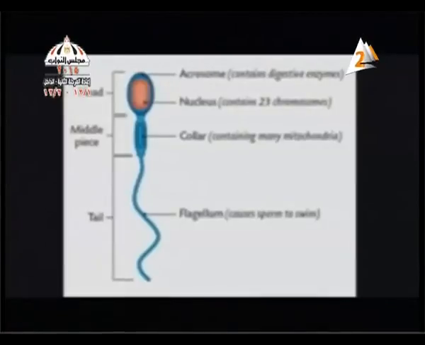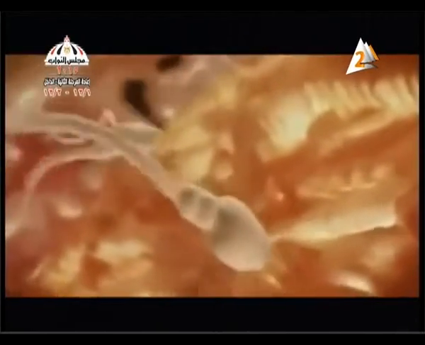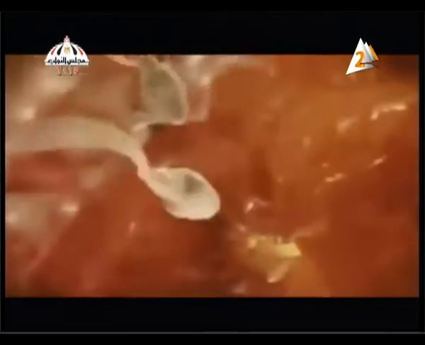Once again, let's see the structure of the male gamete and how it is adapted to its function. The male gametes are characterized by their ability of locomotion. Thus, they are adapted for their function. They lose most of their cytoplasm.